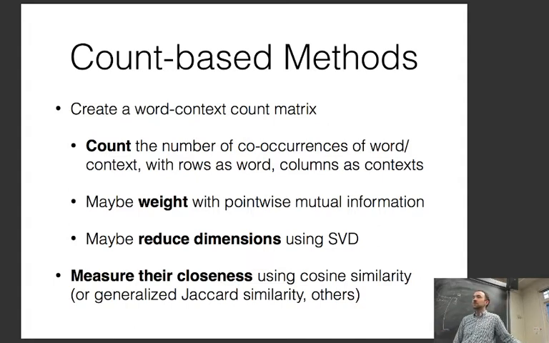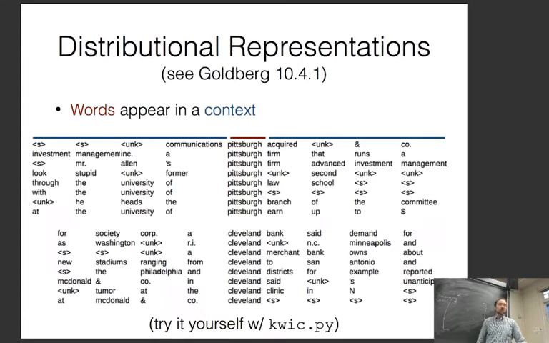If we also wanted to consider order in our context, how would we do so? The answer is we would not only count the number of times it occurred in this window, we'd have counts specifically for each position around us.